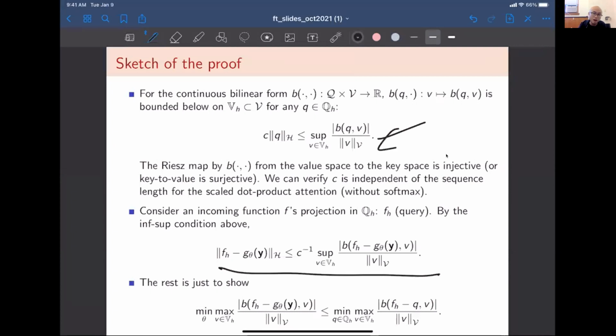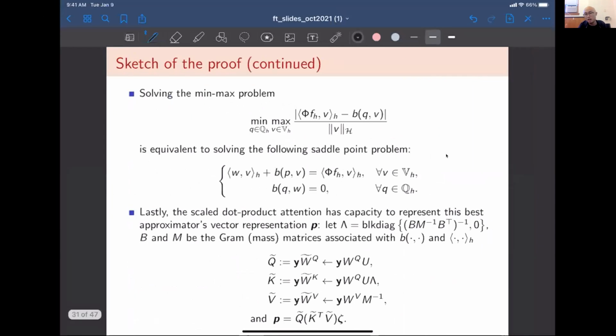After we apply the inf-sup condition, the rest is just to prove the best approximation when we minimize. Theta is the parameter of our deep neural network for one layer, and this is nothing but a saddle point problem, which is just a mixed problem.